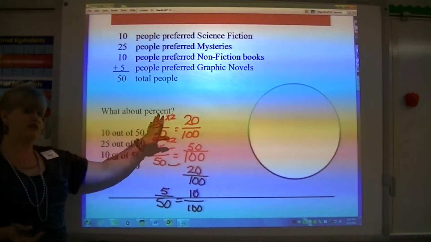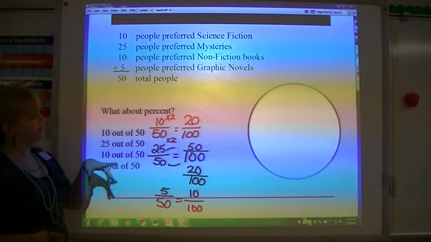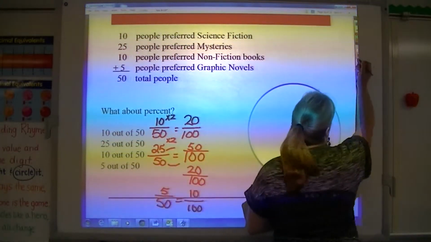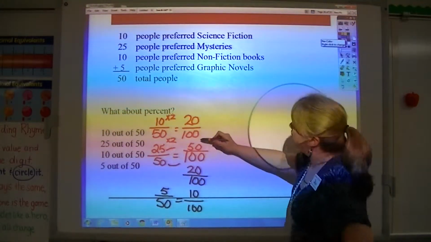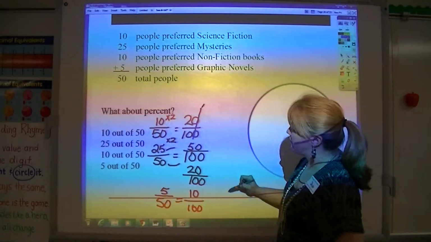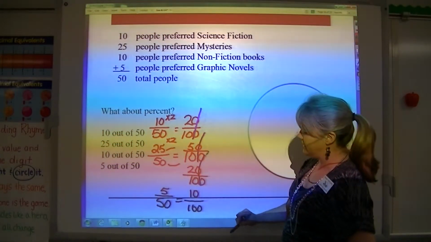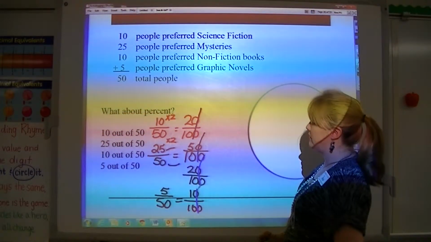One thing that these fractions all have in common is they all end in 0. So I could actually turn these into 2/10, 5/10, 2/10 again, and 1/10.